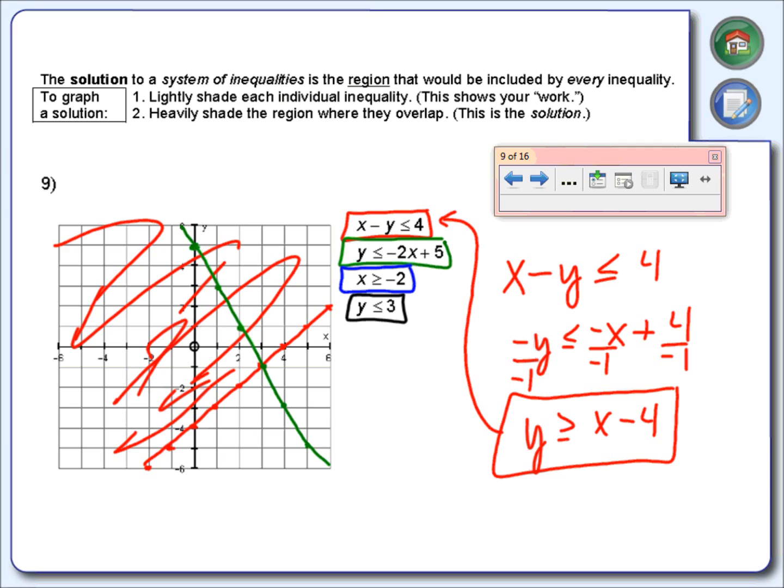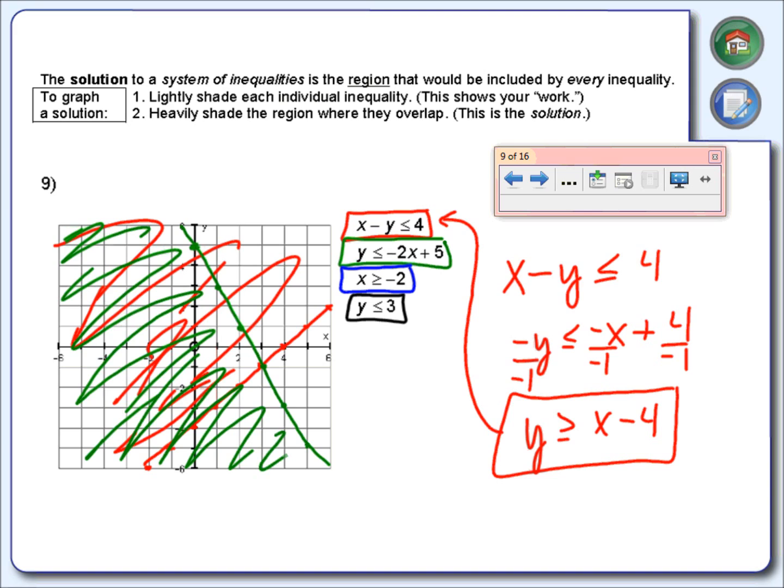Less than is to the bottom, yeah. There you go, that's the bottom. All right, there it is. There's our second one. That is the second one.